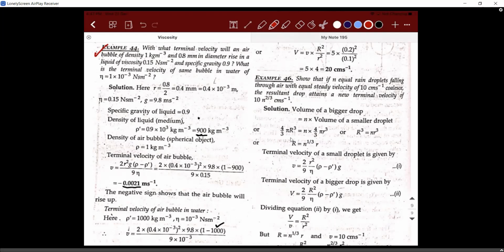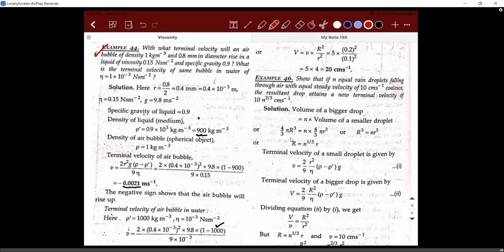Of the liquid. So sigma will be equal to how much? How will you convert specific gravity to density? Multiply it with 1000 if you want in terms of kilogram per meter cube, or multiply it with 1 if you want gram per centimeter cube. Am I clear with this point? So 0.9 into 1000 is going to give you 900.